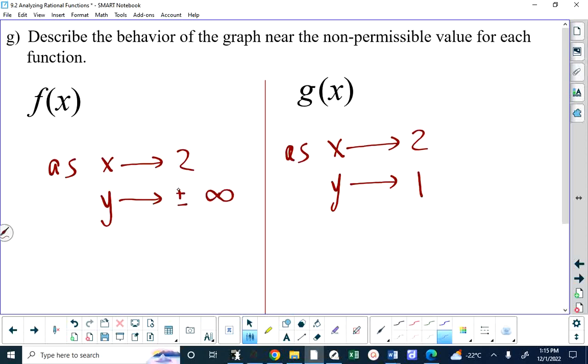Because it may be that the graph on both sides goes up to infinity, or the graph on both sides goes down to infinity, or the left side goes up and the right side goes down. When I say down to infinity, I mean down to negative infinity, or the other way around. It isn't always what this looks like. We just say in general plus or minus infinity.